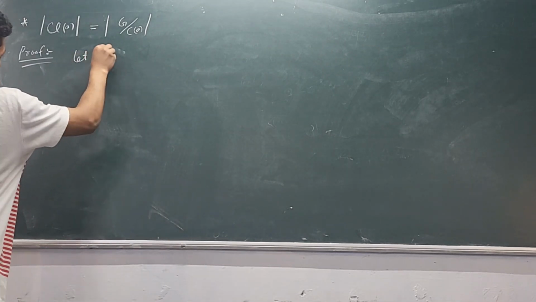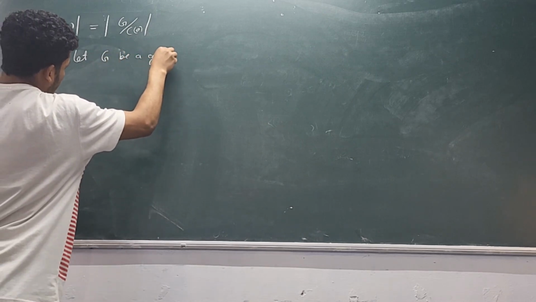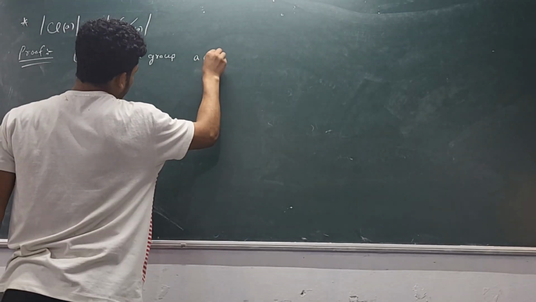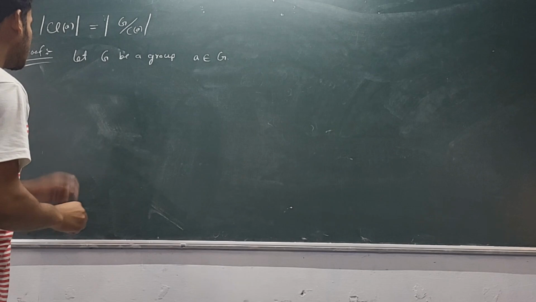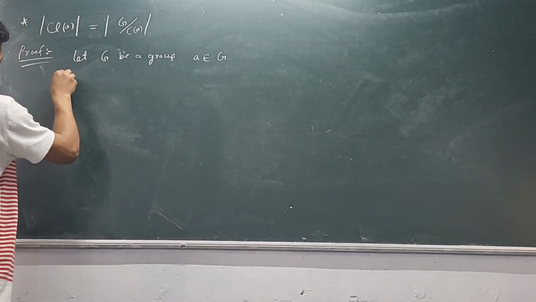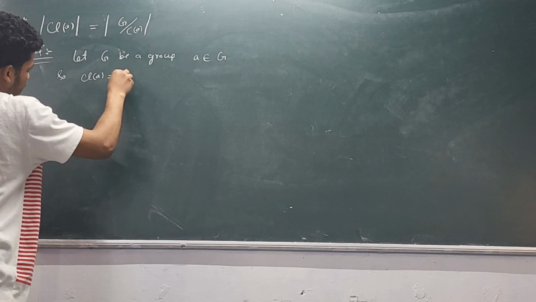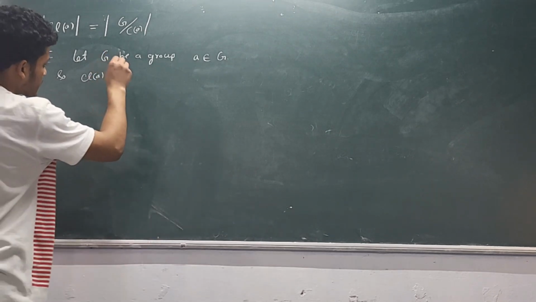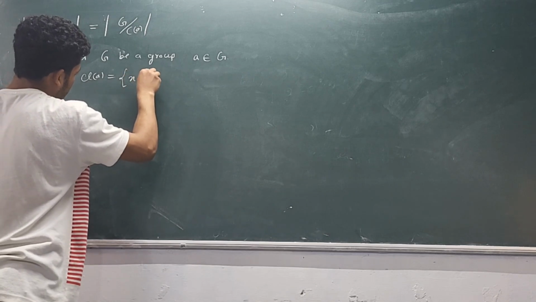Let G be a group, and A an element in the group G. So we can define CL of A. This is the collection of all elements B which can be written as X A X inverse.